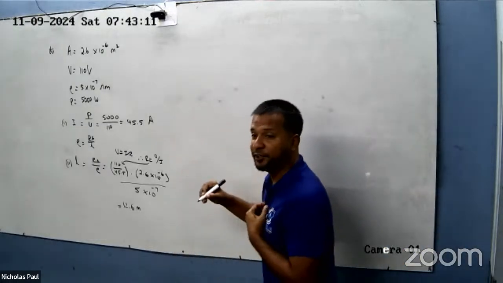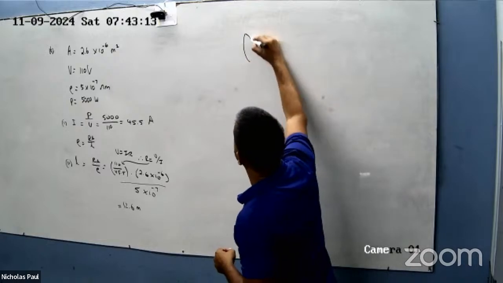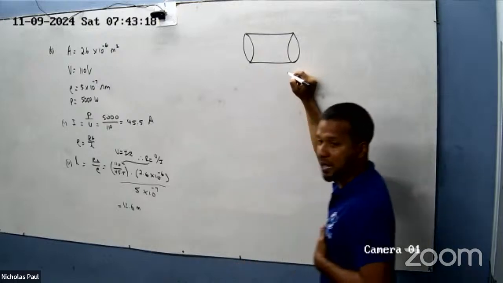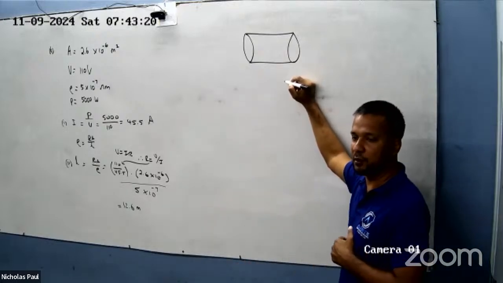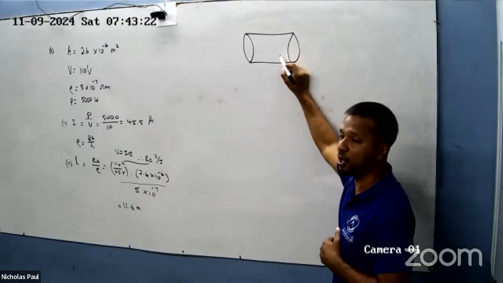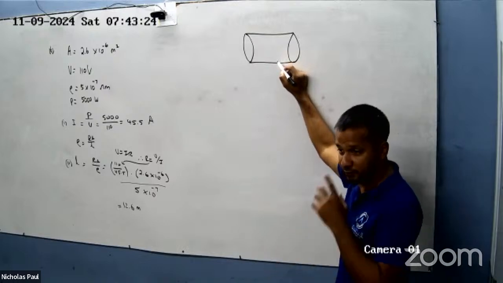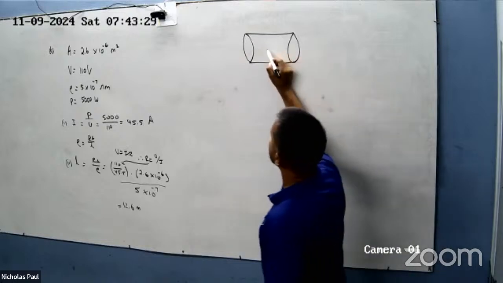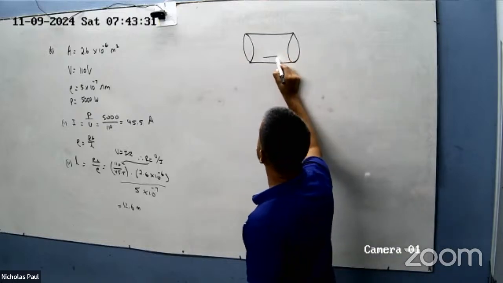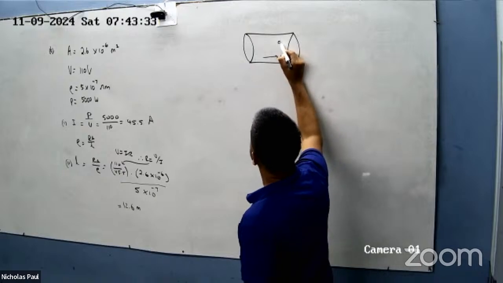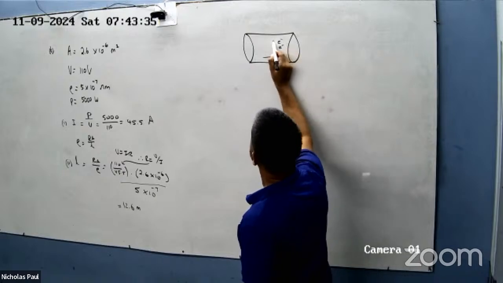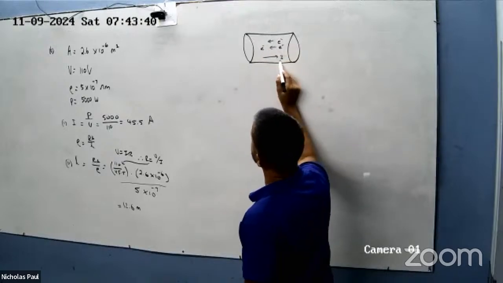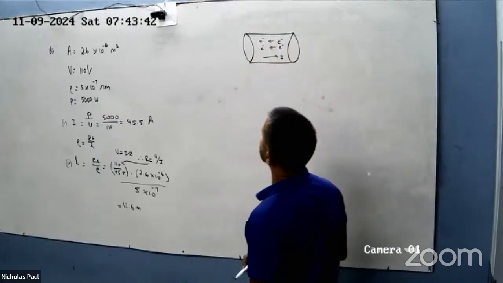So we want to talk about something called drift velocity. Let's say you have a conductor, and in the conductor we know we have electrons. But when we connect the conductor to a circuit, if the current flows in this way, the electrons will be going in the opposite direction, because remember, electron flow is opposite to conventional flow.